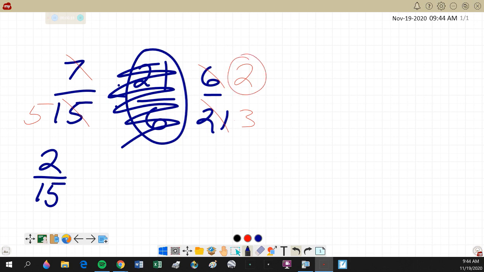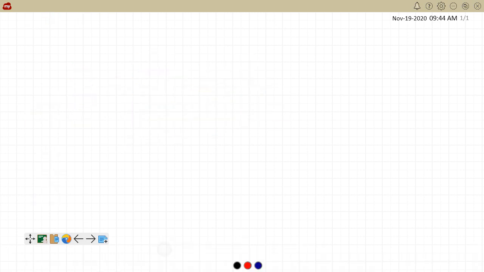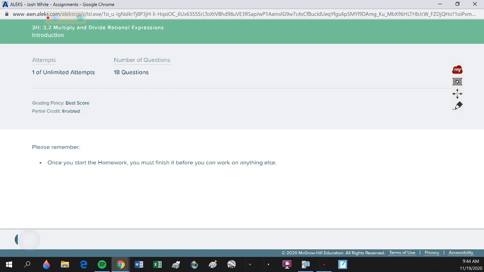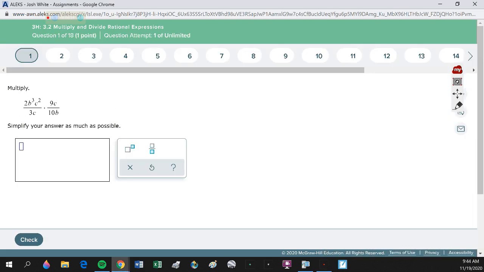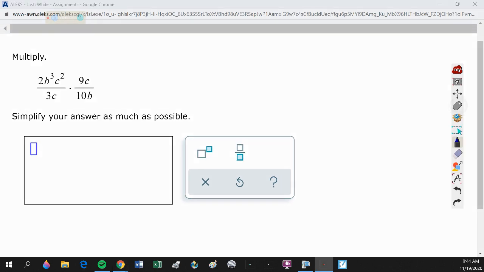Right there. Okay. Now, we're going to do the same thing, but we are introducing variables. Actually, let's zoom in a little bit so you guys can see. So, I can just multiply these. And on top, I would get 18b to the third, c to the third. And on bottom, I would get 30bc.